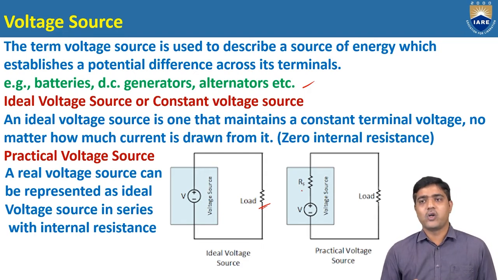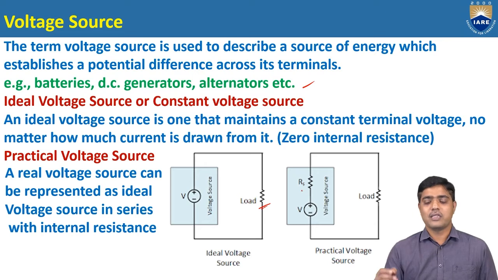In a practical voltage source, whatever changes take place in the load, there will be a change in the terminal voltage. But in an ideal source, there won't be any change in the terminal voltage. Because of the small resistor connected in series with the practical voltage source, there will be a small voltage drop across this resistor.